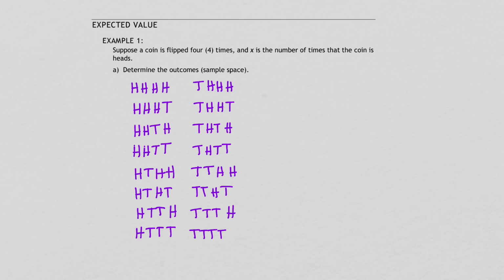So the sample space is not this, because it says X is the number of times that the coin is heads. So what's the number of times that each outcome has heads?